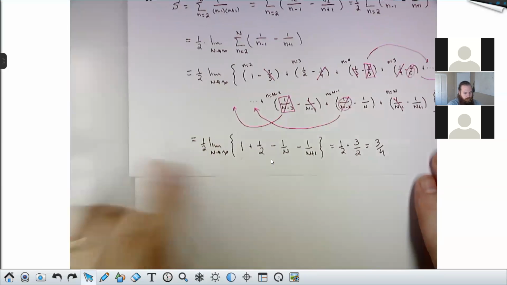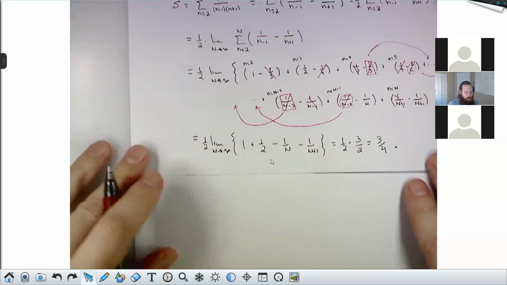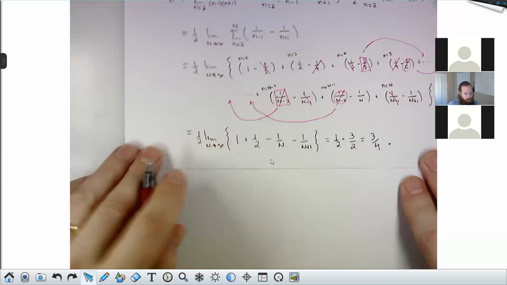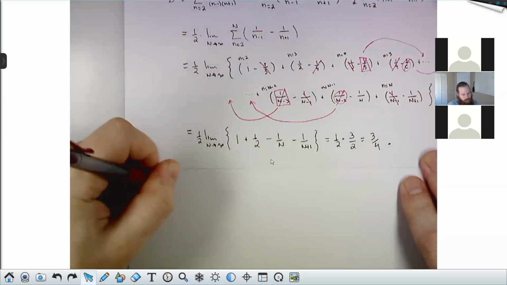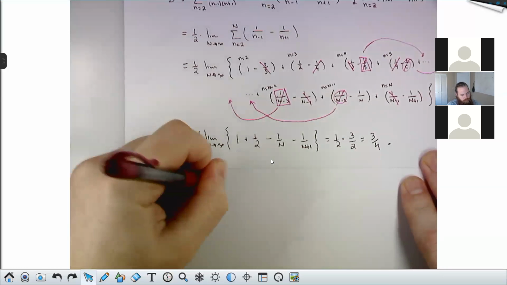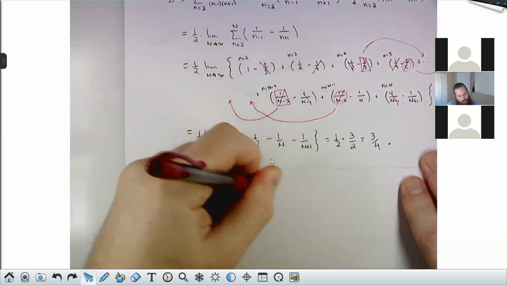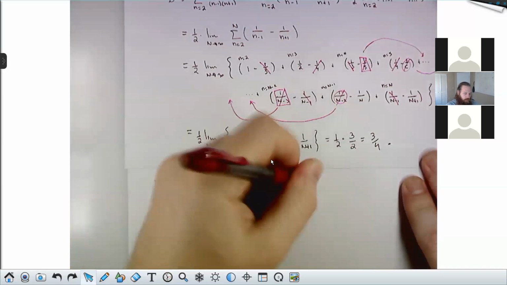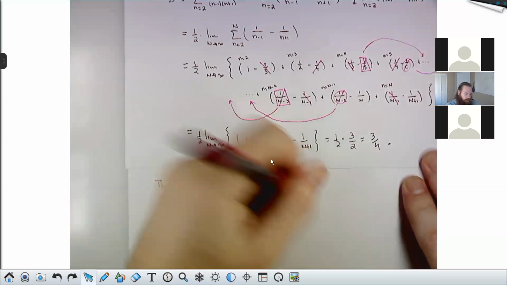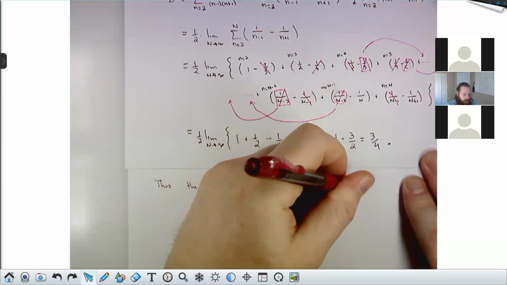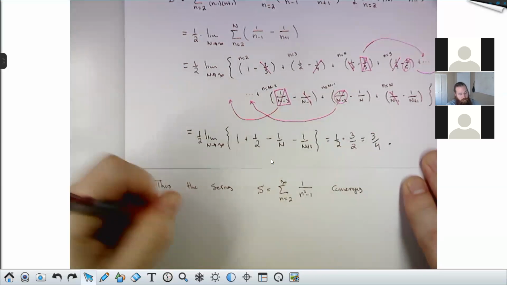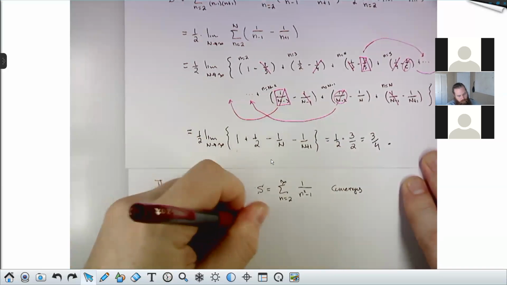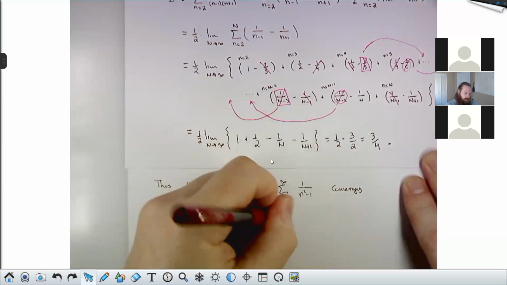So here, I would finish things up, and you must use the language here. The words, remember, are at least as important as the calculation. I'll say, thus, the series S equals sigma n from 2 to infinity of 1/(n² minus 1) converges and has sum S equals 3/4.